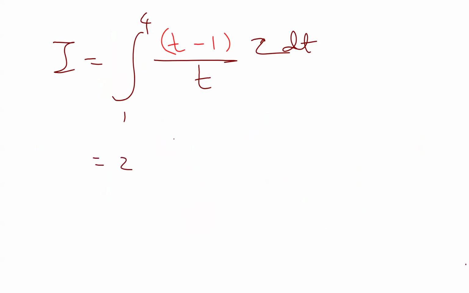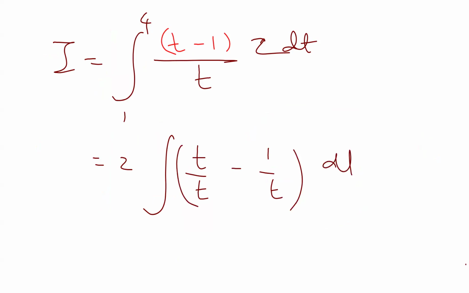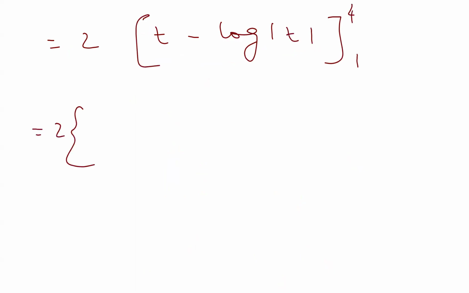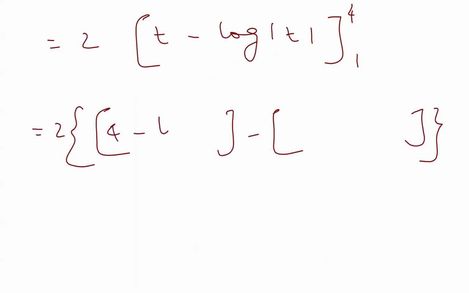So I'll take that 2 outside and then I'll split this. Limits 4 and 1, and this will be integration of 1 minus 1 upon t dt. From 4 to 1, so 2 times t minus log mod t, from 4 to 1. 2 curly bracket: 4 minus log 4, 1 minus log 1.